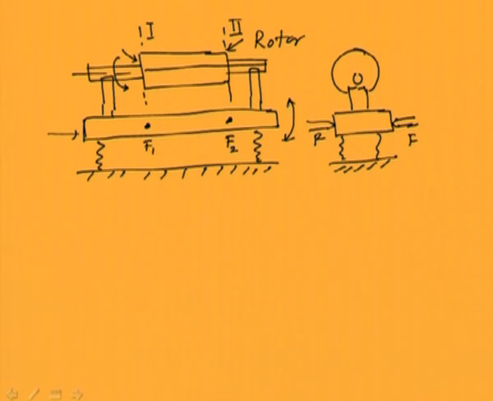Let us take the first case, where we have the fulcrum at F1, so that when we rotate the rotor it oscillates about F1. Generally the speed of the rotor is kept near the resonance of the foundation structure. So if the stiffness of the support is K and the total mass is M, the speed should be nearly the square root of K by M, so that we have large oscillations which we can measure.